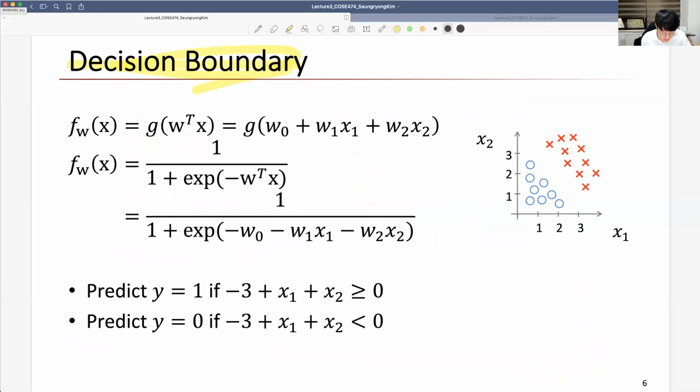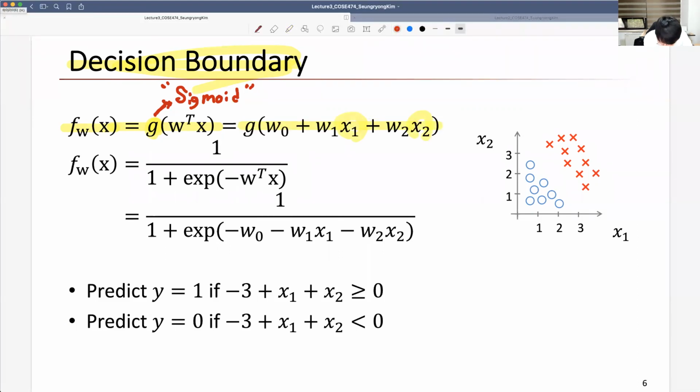So the mapping function of the classification, Fw of X, looks like this, right? G was the sigmoid function, right? And let's say there are two features, x1 and x2.